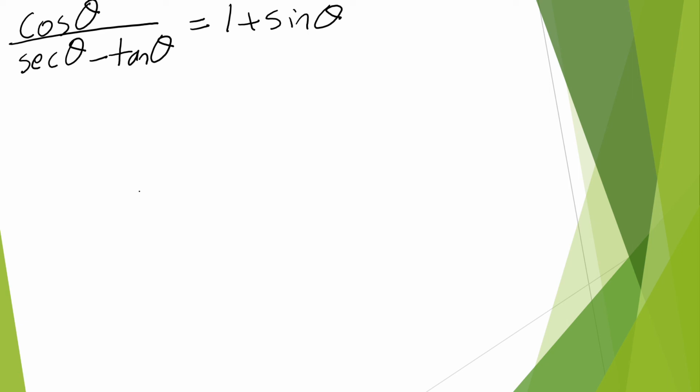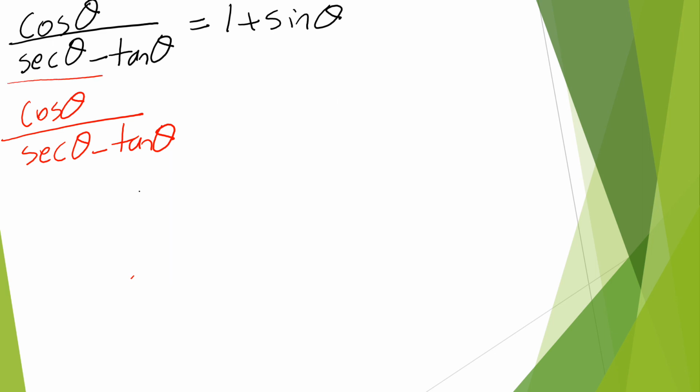Because the right hand side has sine, I'm going to try to rewrite the left hand side in sines only. So we're trying to open this one up to sine.